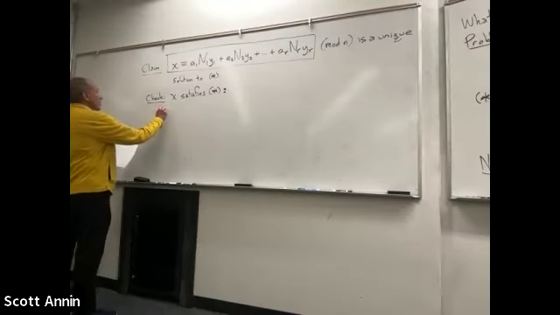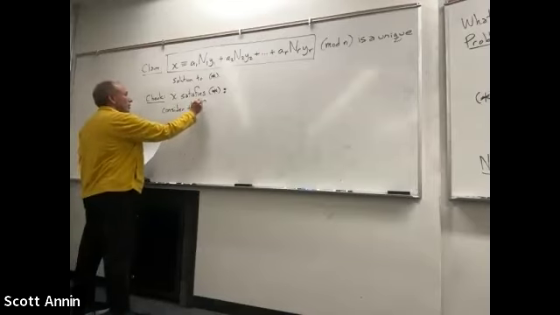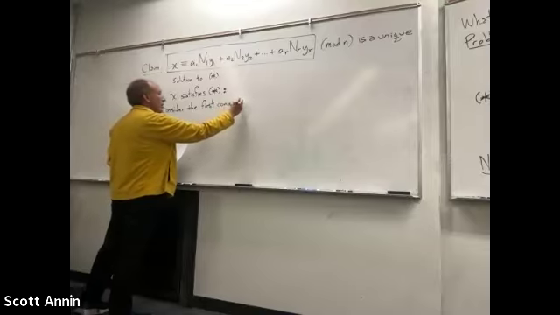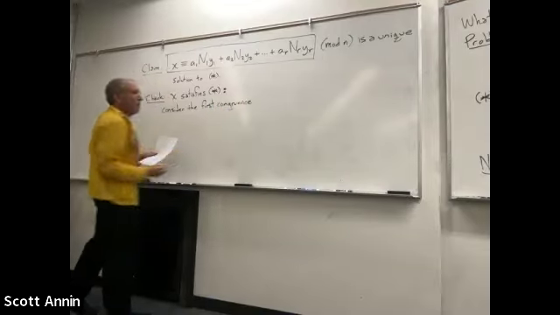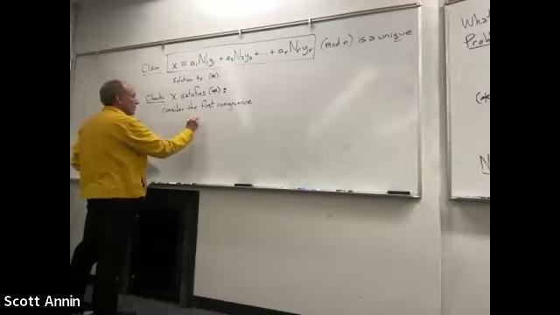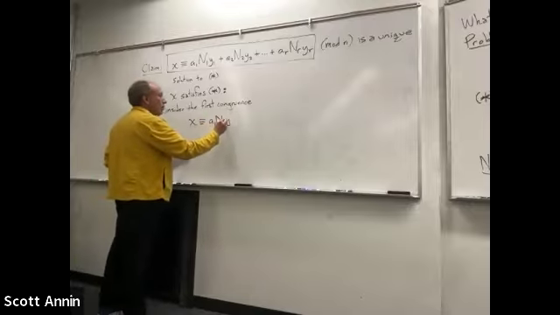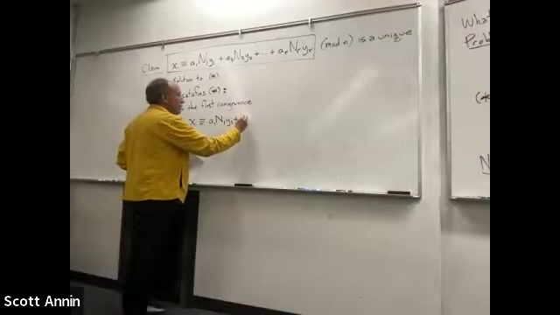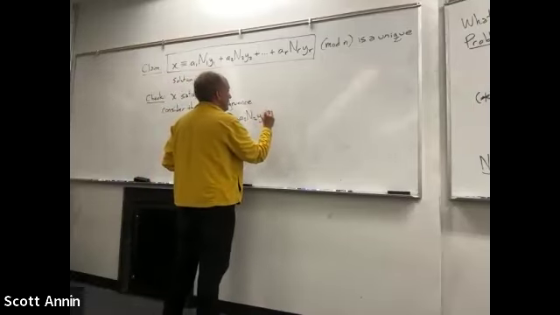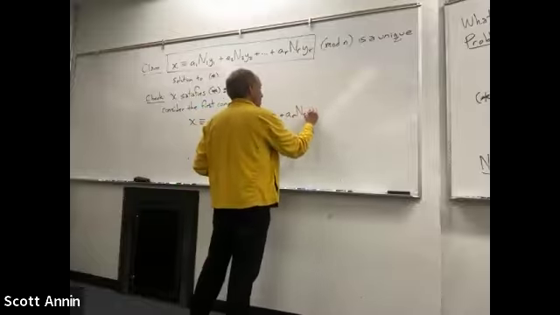So let's just consider the first congruence. The first congruence is being viewed, so we have X, right? So X was congruent to A1 N1 Y1 plus A2 N2 Y2 plus dot, dot, dot, plus AR NR YR.